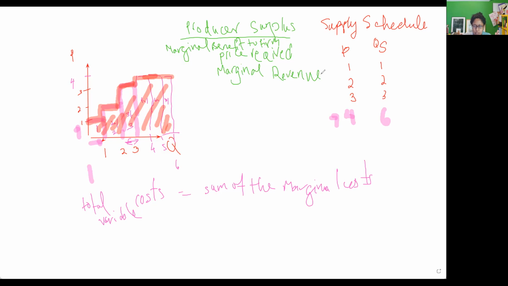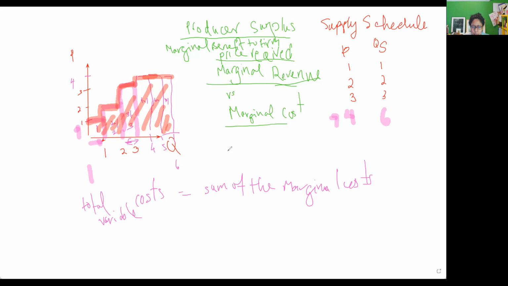Again, that word marginal, what do we add when we change one quantity? What's the change in this other quantity? What's the change in revenue when we sell another unit? So the marginal benefit to the firm in the competitive market is the price received, whether it's competitive or non-competitive markets. It's the marginal revenue. So you're adding to revenue and then compare that to your marginal cost.